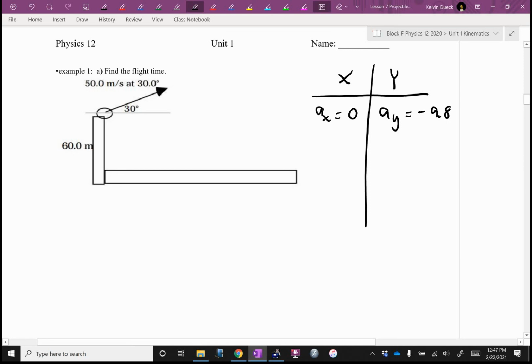What does part A want me to find? Time of flight. Okay. Did I say angle? Components. So I'm going to break this up into Vx and Vy initial.